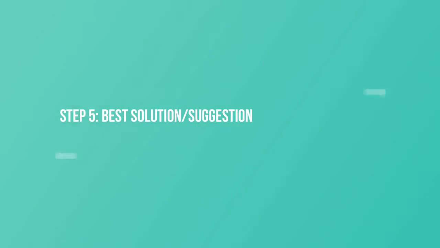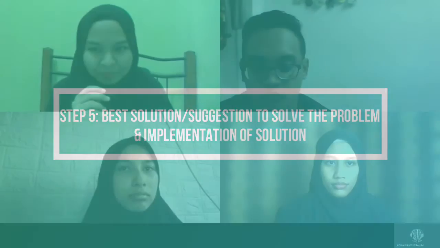So because the majority of us here voted for solution 2, we can say that the best solution is solution 2, which is upgrading good kitchen appliances. For step 5, the best solution that we decided is solution 2.